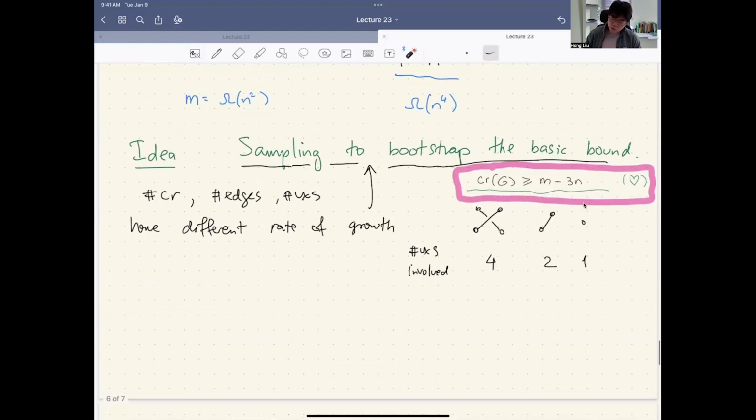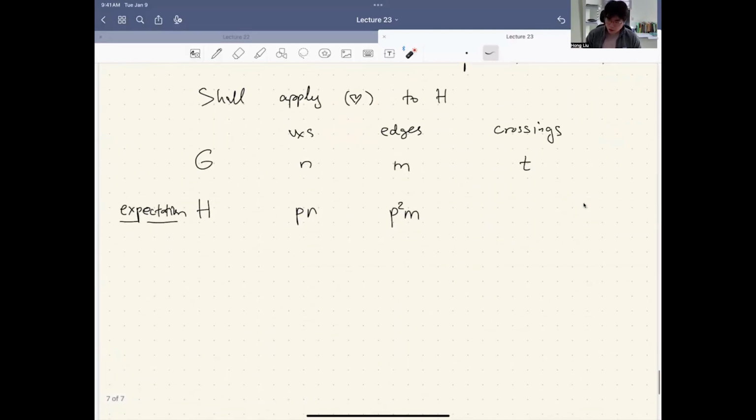So I think in the future, when you see some basic bounds and the items involved have different rates of growth with respect to something, here something is the number of vertices, then you can do some sampling. Most likely you will get something better. So here, p squared m is the number of edges in expectation.